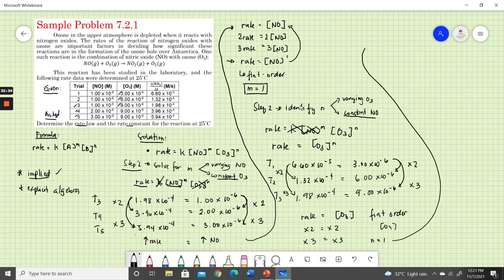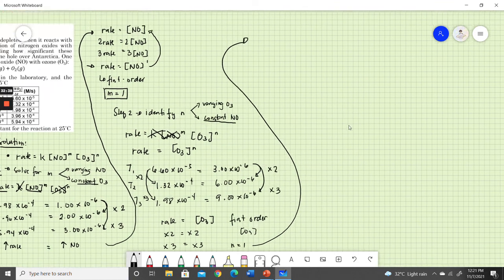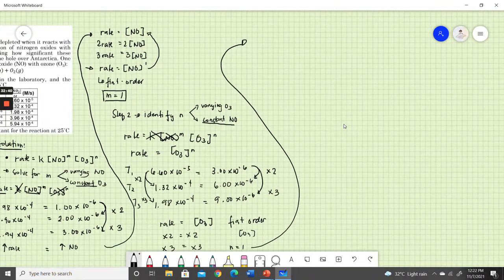And that would lead us to the rate law. So how do you identify the rate law now? You have a rate law of K multiplied by NO and O3. So this is your rate law.